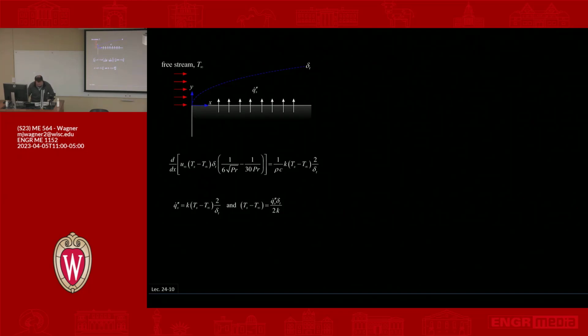So what I would do is substitute in, down here, dx of u infinity times, now instead of Ts minus T infinity, let's use that q dot definition. So it'd be q dot double prime s times delta T over 2k. Then that's times delta T times 1 over 6 square root of Prandtl minus 1 over 30 Prandtl.